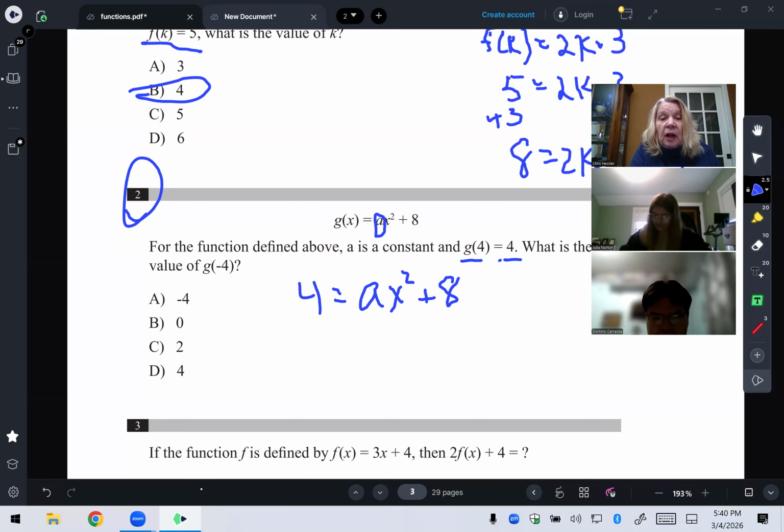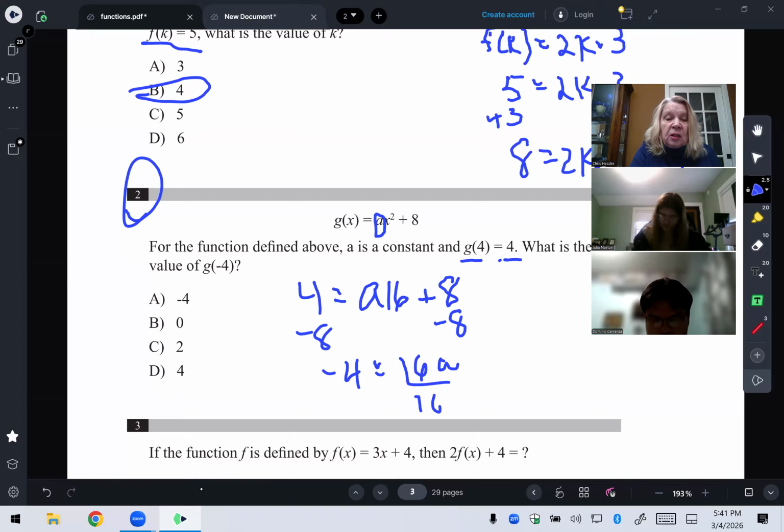And we put 4 in for x, so 4 squared is 16. That makes sense. Then I'm going to subtract the 8. So negative 4 is 16a. Divide both sides by 16. So a is negative 1/4.